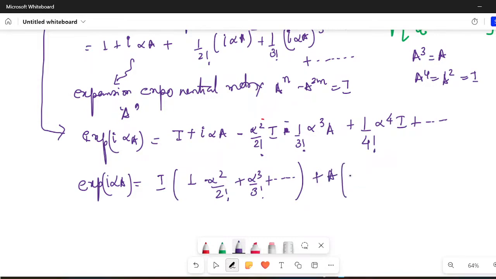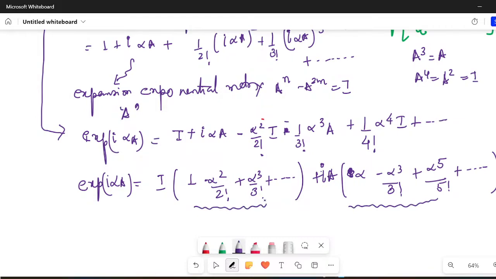I will simply get iota, and I take alpha also common out, then I'll get alpha minus alpha cube upon 3 factorial, plus alpha raised to power 5 upon 5 factorial, and then there would be a continuing series throughout till infinity. What is this, by the way? This is sine alpha, and what is the other, by the way? This is cos alpha.